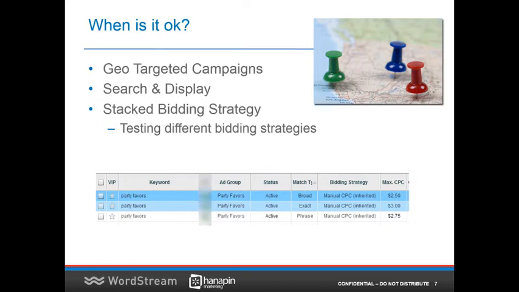Exact tends to be a little bit more competitive, so you want to bid up for that, because you know that when someone searches for that, they'll end up converting better. The broad tends to be a little bit cheaper, so you want to bid a little bit less on that keyword. So that would be one of the only other ways that you wouldn't have a duplicate or compete against yourself: if you have the same keywords on different match types with different max CPCs. You really want to make sure you're not bidding the same amount for each of those keywords.